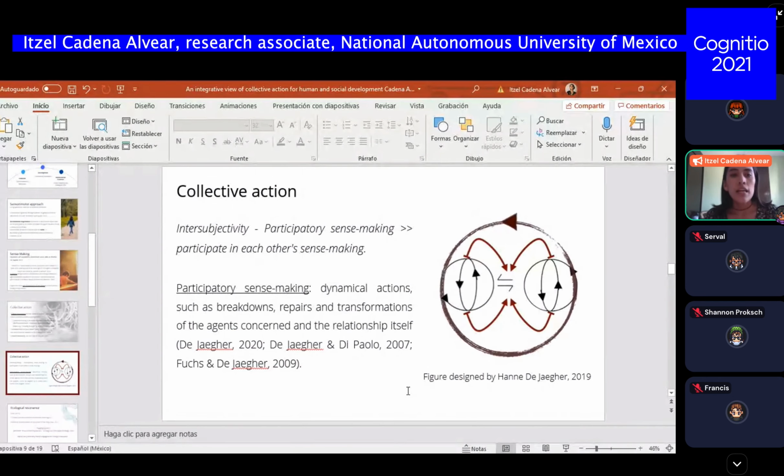And then the next notion for rethinking collective action is the participatory sense making. That is the concept in the enactive view for intersubjectivity.